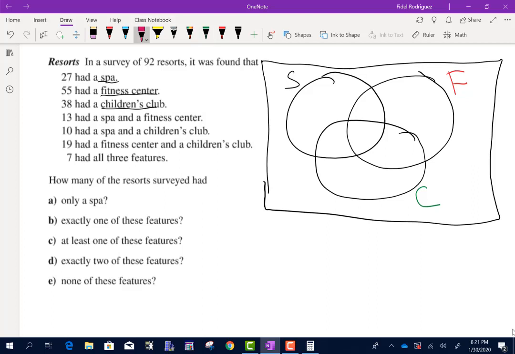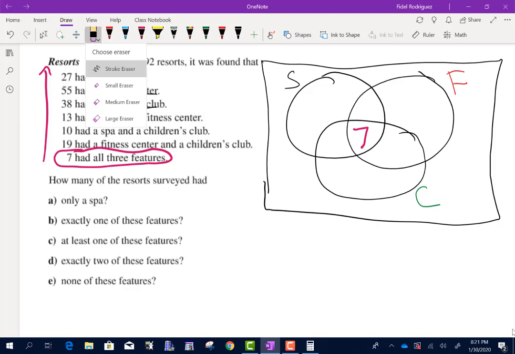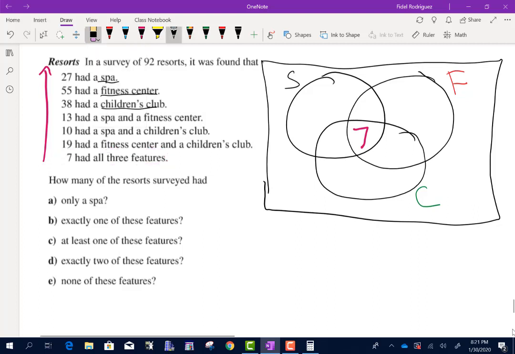Just like we did earlier, we're going to work our way from the bottom up. Look what it says right here. 7 had all 3. This is where all 3 circles overlap. Okay, 7 had all 3. Okay, then it says 19 had a fitness center and a children's club.